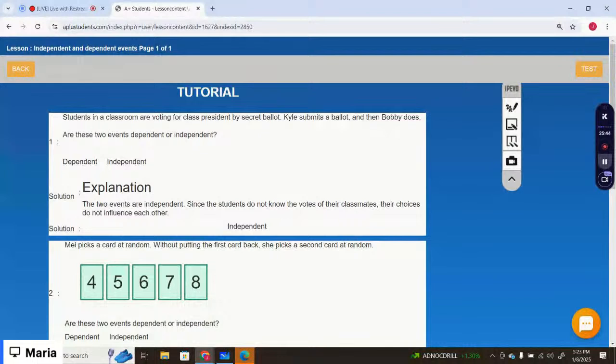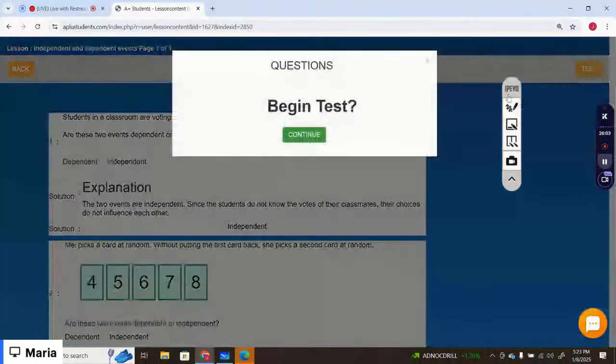That is the independent event, right? That is the student's choice who they are going to vote. Let's just start with the test questions.